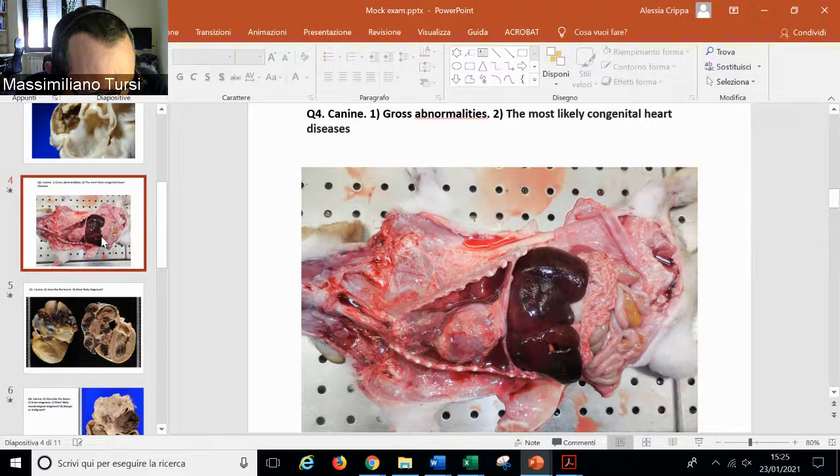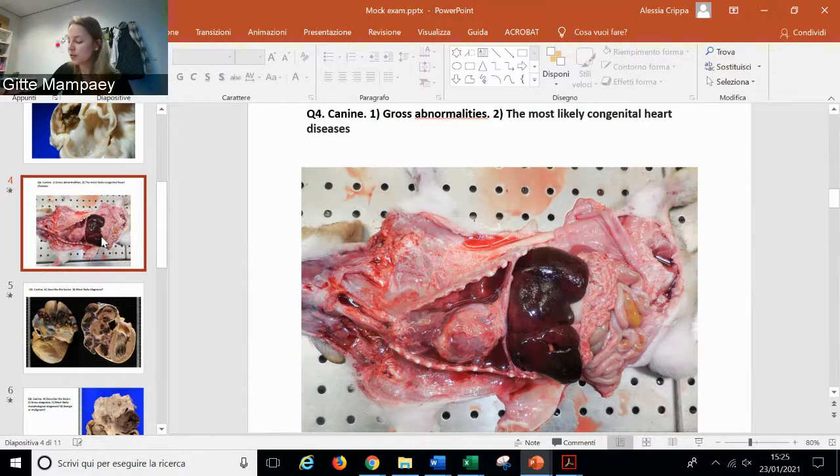Okay, what about Maria? What about Gitte? For me, it was also actually clear. We discussed it earlier. I wrote actually everything.